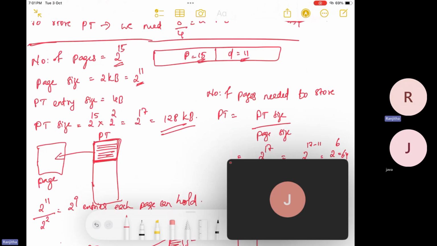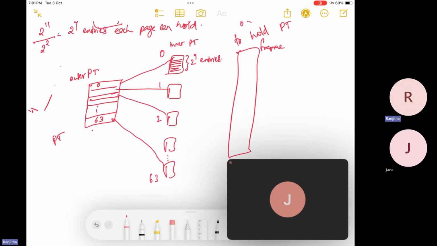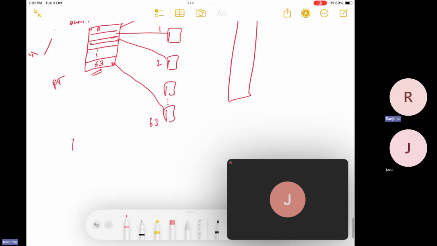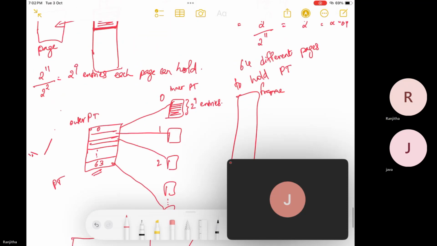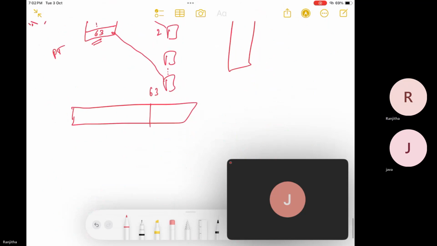As you see here, this remains the same. This 15 bits is split into 6 and 9. The 6 bits will be used for the outer page table addressing, and the next 9 bits will be used for the inner page. So we have 11 bits offset, then P1 outer and P2.